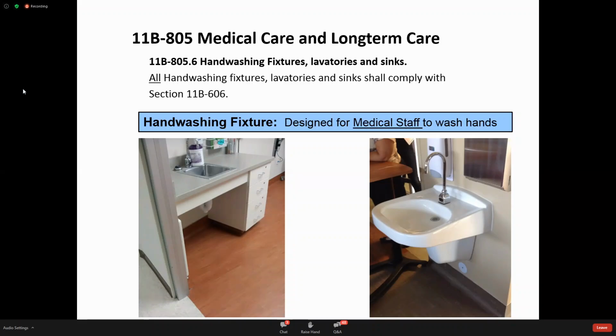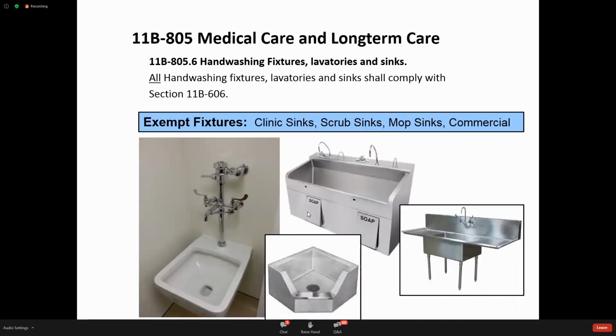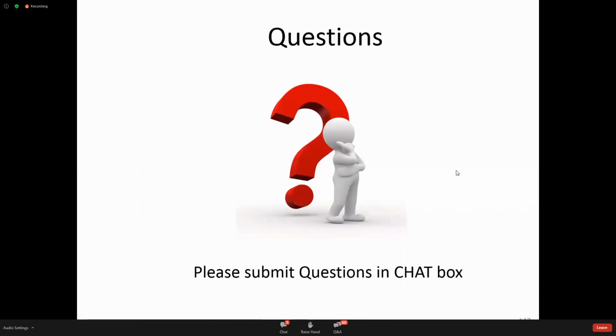So that may generate questions, we'll see. We've got some exempt fixtures, which are clinic sinks, scrub sinks, and mop sinks. I have more to cover on this, but let me pause here.